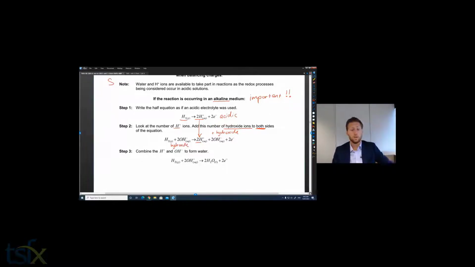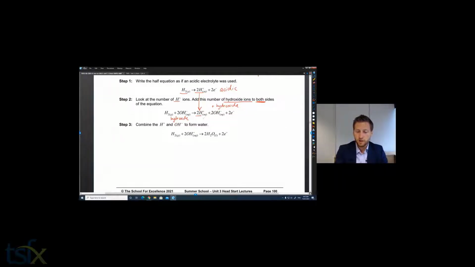It makes it like a base, like a soapy flavor if you've ever had hydroxide. Then you see that those H+ and those OH- actually combine and form water. You have 2 lots of water because you've got 2 times hydrogens and 2 times hydrogens, so that's 4 hydrogens, and then you have 2 lots of oxygens.